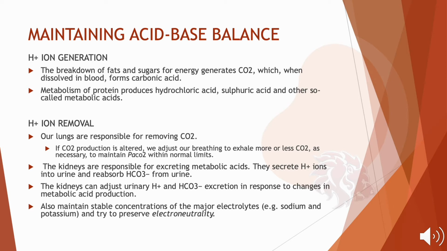However, the kidneys do not just regulate acid-base balance. They must also maintain stable concentrations of the major electrolytes like sodium and potassium and try to preserve electroneutrality. The need to perform these other tasks can sometimes interfere with pH regulation, either driving disturbances of acid-base balance or preventing their correction.